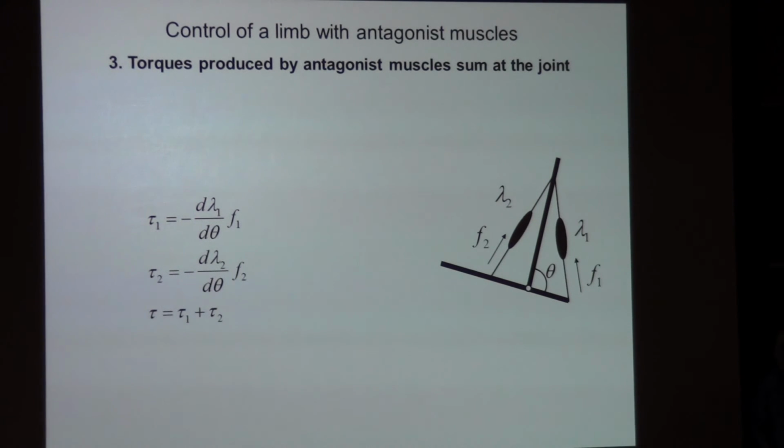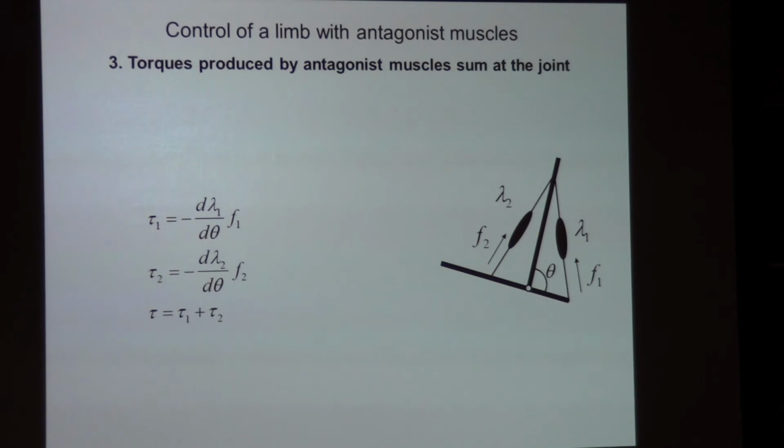So what we have in our body are antagonist structures of muscle. You have biceps that will pull on your elbow, and you have triceps that will pull on your elbow. So you have a force here that's going to pull, and a force here that's going to pull.